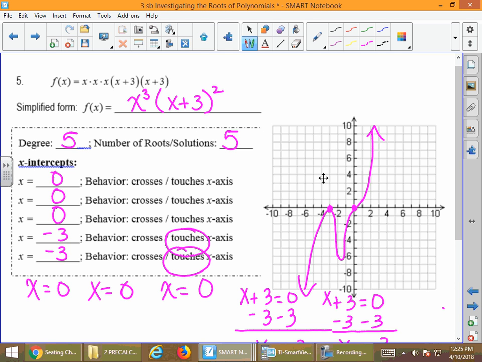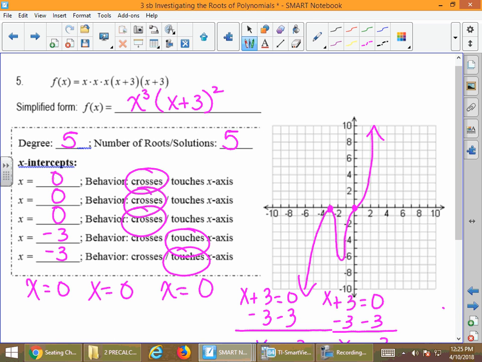It looks like we cross. Again, at this point, I think you can make another inference, which is that when the exponent is even, we touch. And when the exponent is odd, we cross.